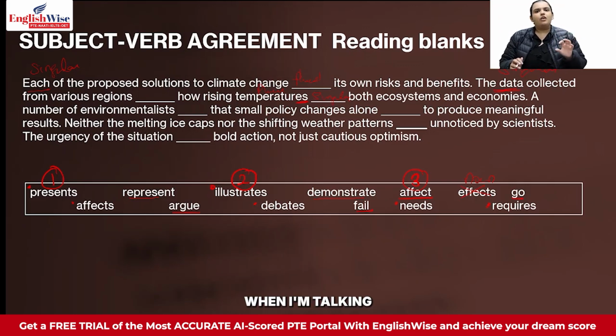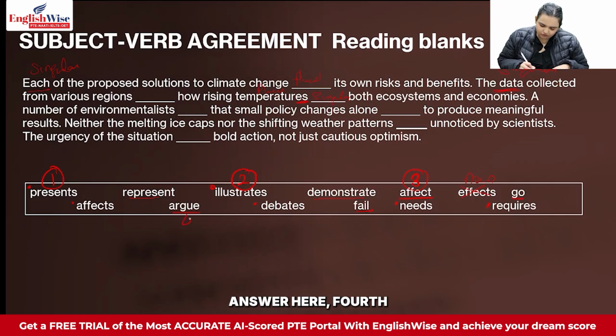Okay, when I'm talking about a number, that means I'm going to look at Y. When I say a number of environmentalists, then I put argue over there. I won't put argues. Okay, this is one of the exceptional scenarios of the X of Y, because I can't say a number of environmentalists argues. That will be wrong. Okay, when I'm talking about a number, it has to agree with Y. So again, I will put argue as my answer here, fourth answer.